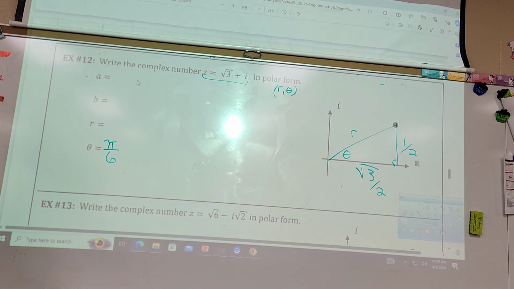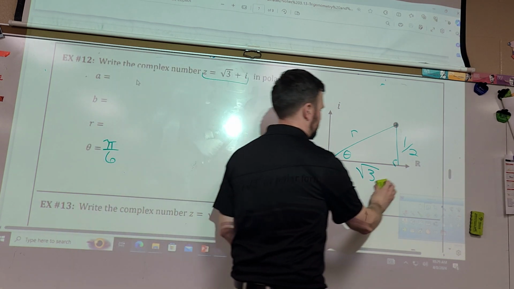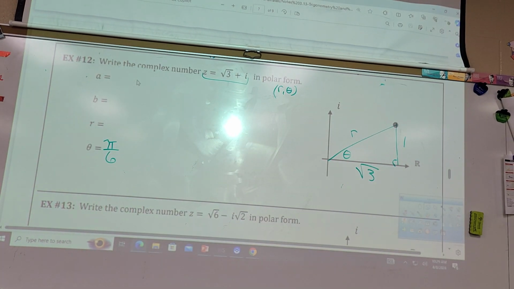Pi over 6. Whenever you see that root 3 and a 1, just remember that it's always proportional, right? If you didn't see that, when you go and divide them, when you go and find your ratio, it's going to work too. I was just showing you guys a shortcut.